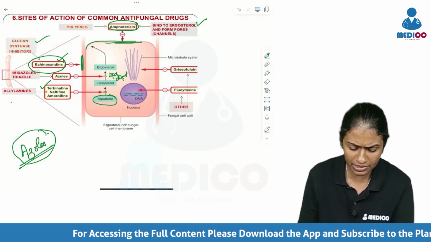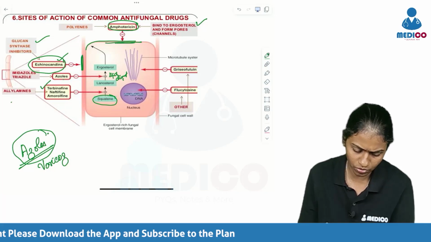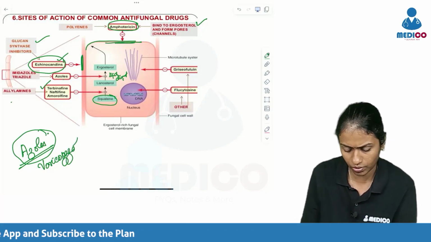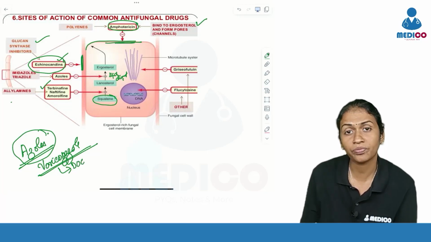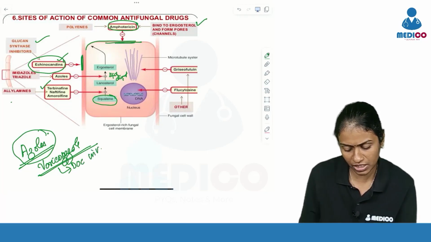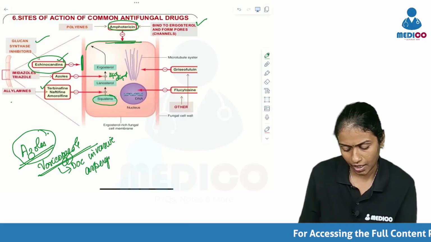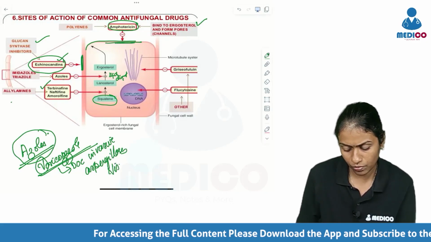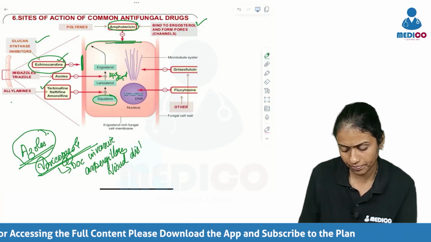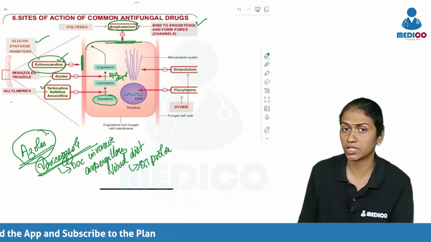Among azoles, please remember voriconazole. Okay, this is the drug of choice for invasive aspergillosis. And remember, it can cause V for visual disturbances and also can cause QT prolongation.